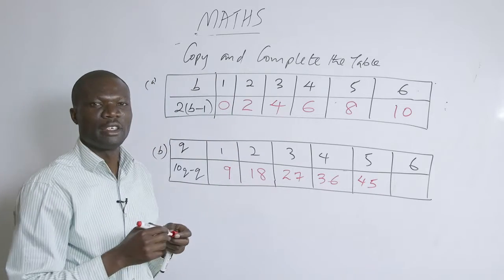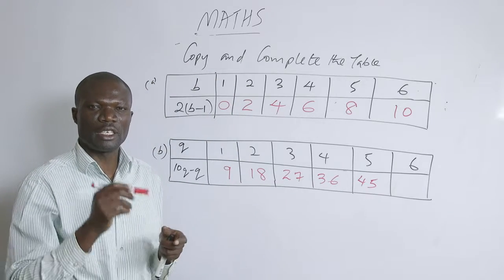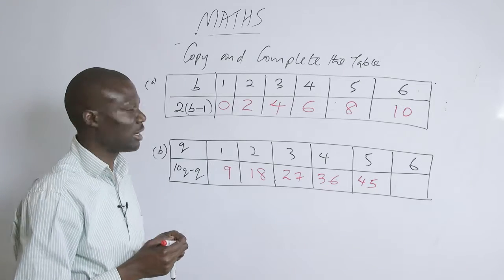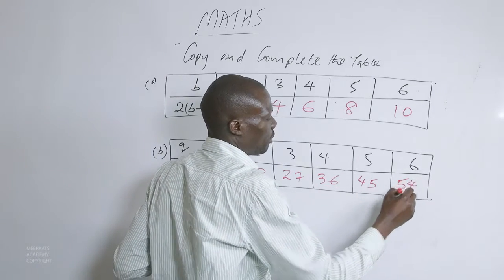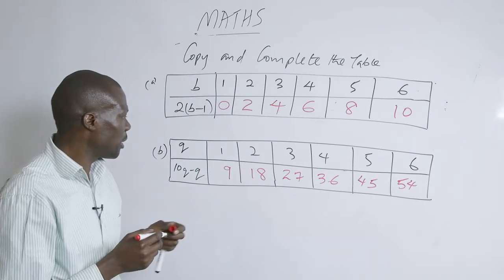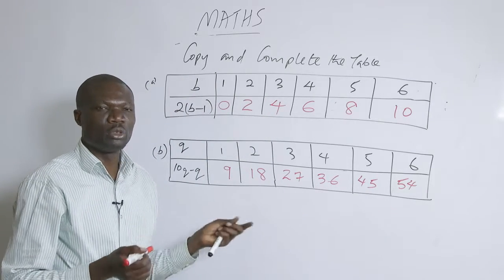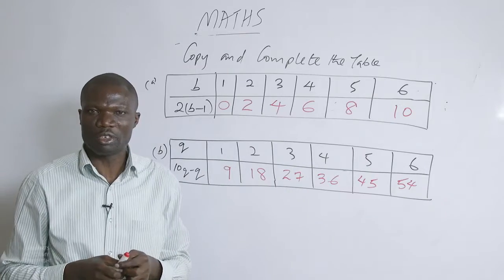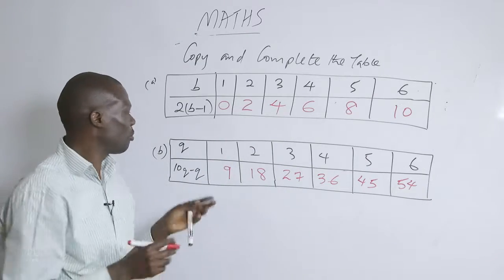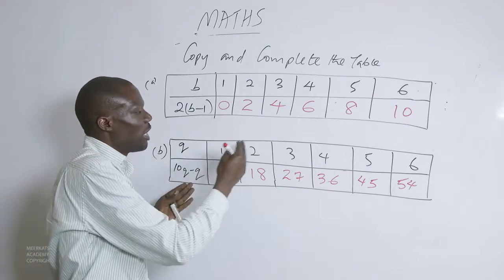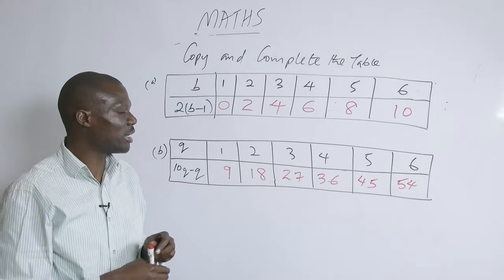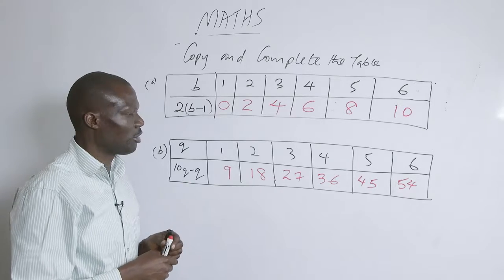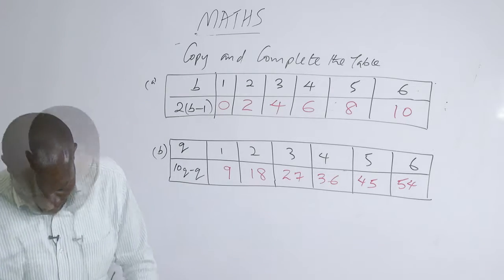And lastly, 6 times 10 is 60, and 60 minus 6 is 54. So all the way we are able to fill across this table because of being able to substitute the values of q as it moves between 1 and 6 across the board.